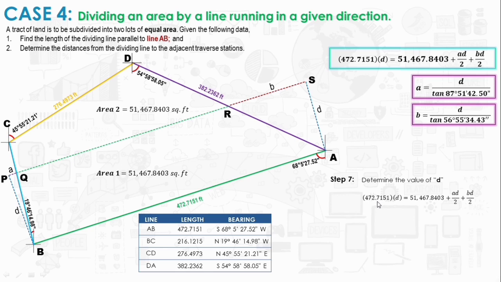So 472.7151D equals 51,467.8403 plus AD over 2 plus BD over 2, magiging 472.7151D equals 51,467.8403 plus D over the tangent of 87 degrees, 51 minutes, and 42.5 seconds times D over 2, plus D over tangent of 56 degrees, 55 minutes, and 34.43 seconds times D over 2.